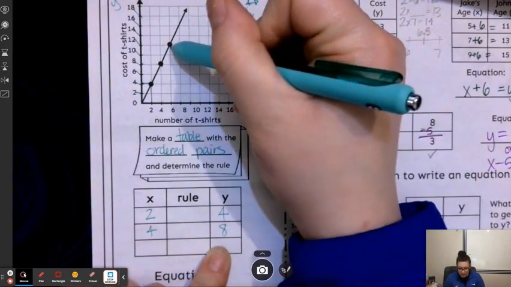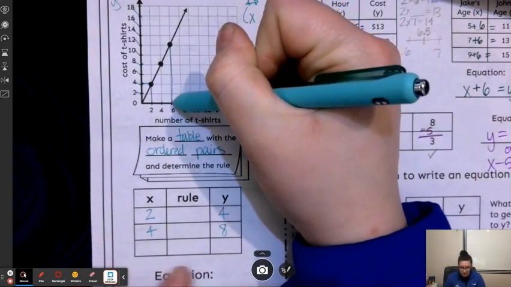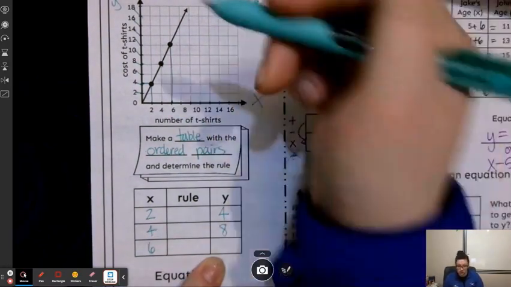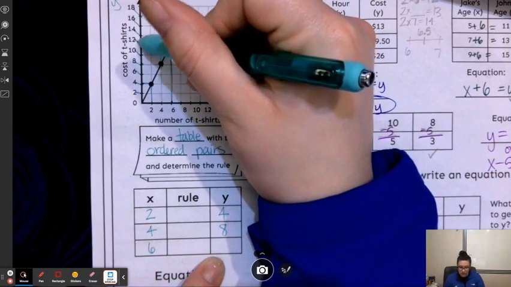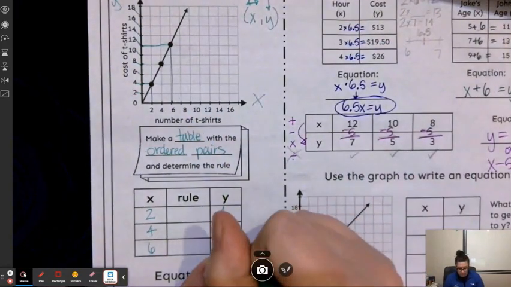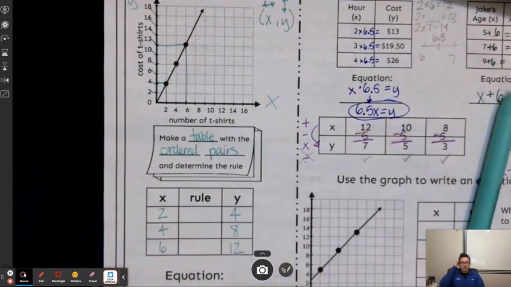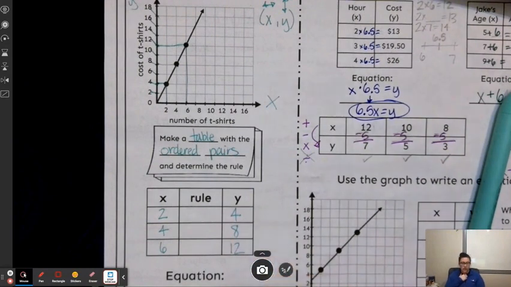And then our last dot, our x is 6. Our y is 12. So go ahead first, make sure that you have your x's written down, 2, 4, 6, and your y's written down, 4, 8, 12.